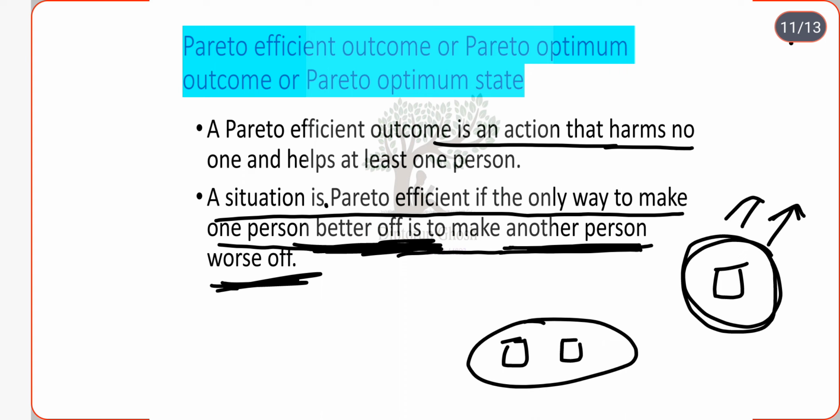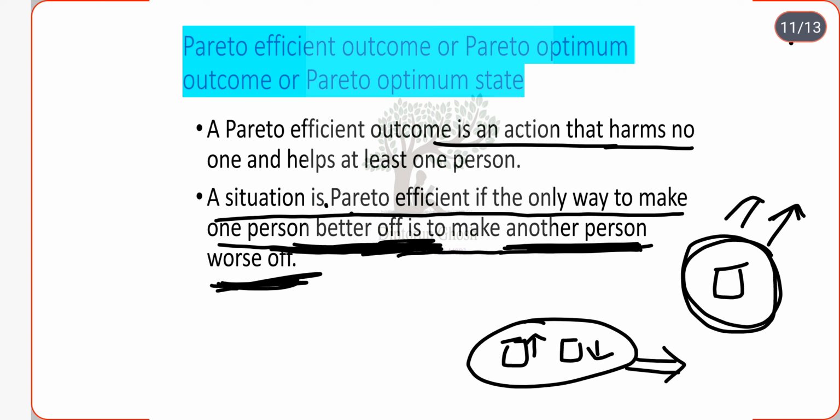Now if I want to make someone better off, then I have to make the other person worse off, otherwise it won't be possible. So Pareto efficient allocation is when it is impossible to make one person better off without making another person worse off.